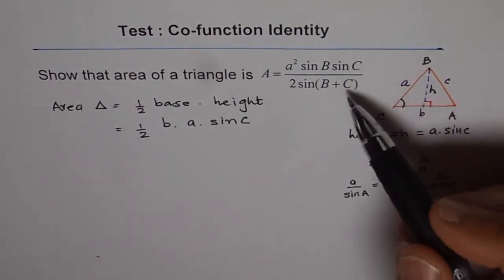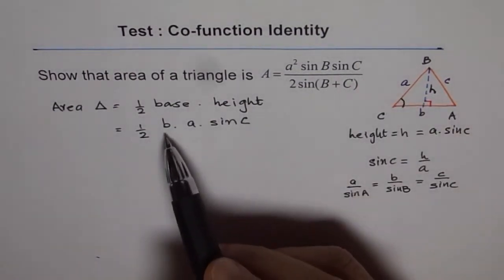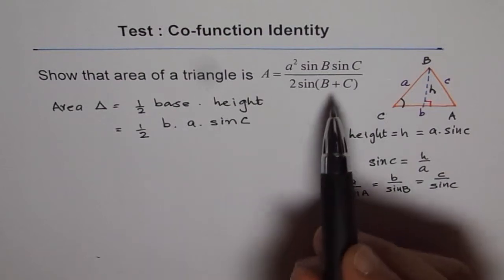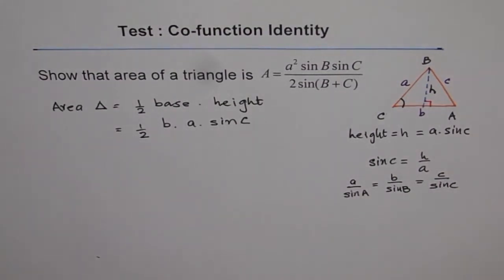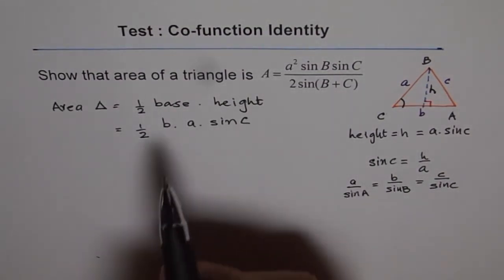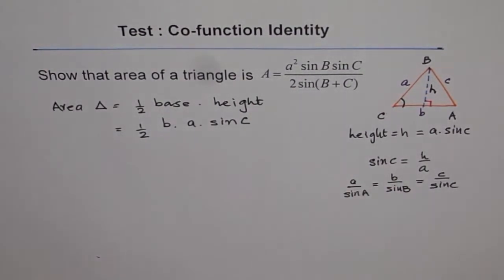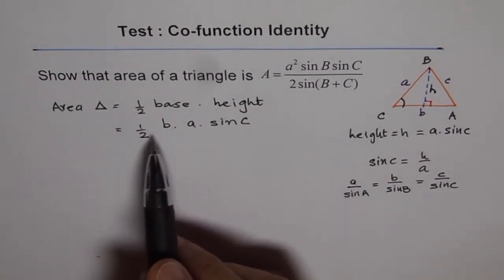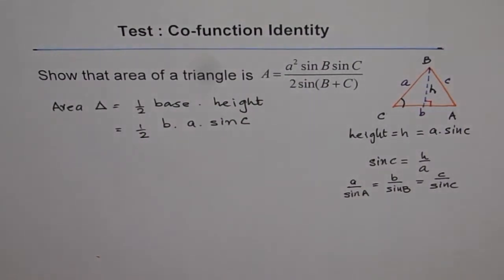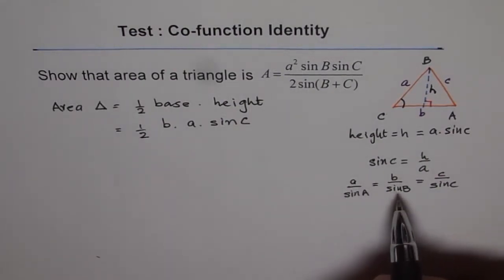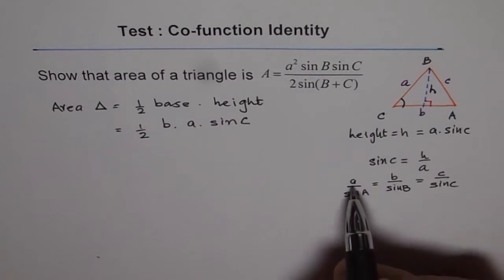But as you see in the formula, we don't have b and we have some B plus C. There are different terms in it. So we want to find what b is in terms of a, because that is not in our formula. We have to prove that area is that much, right? Otherwise, half a b sine C is also the area of the triangle. Now we will use this sine law to find what b is in terms of a, right?